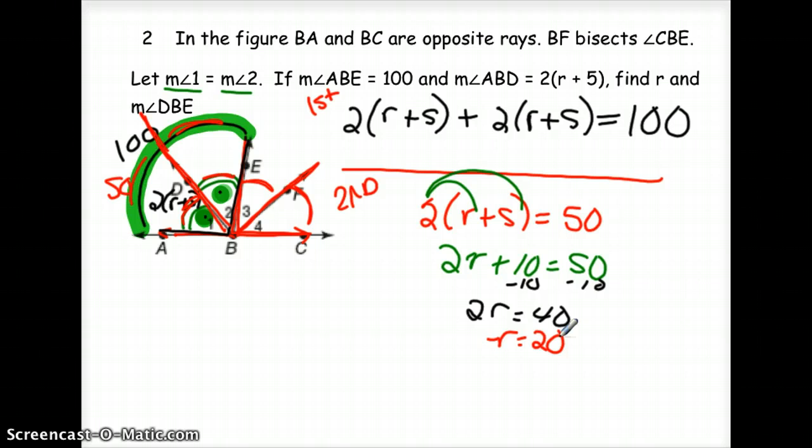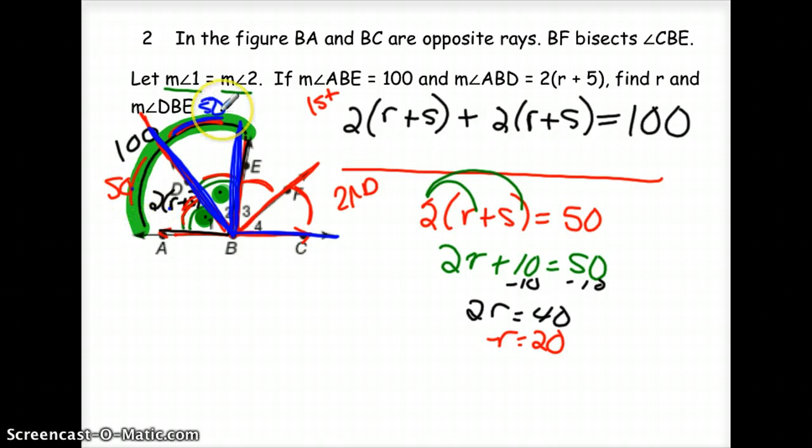All right, now I'm looking for DBE. I'm sorry, this angle right here, DBE. Right, so, oh, I found that already. That's 50.